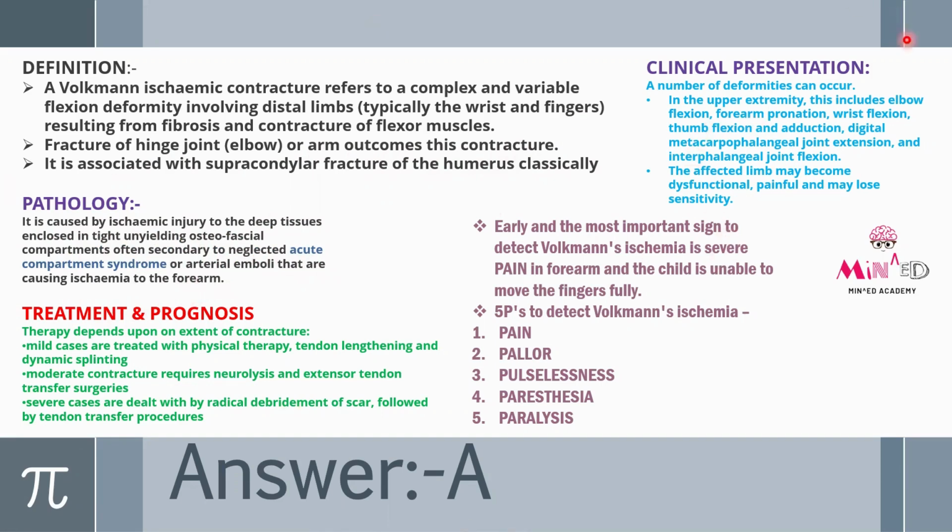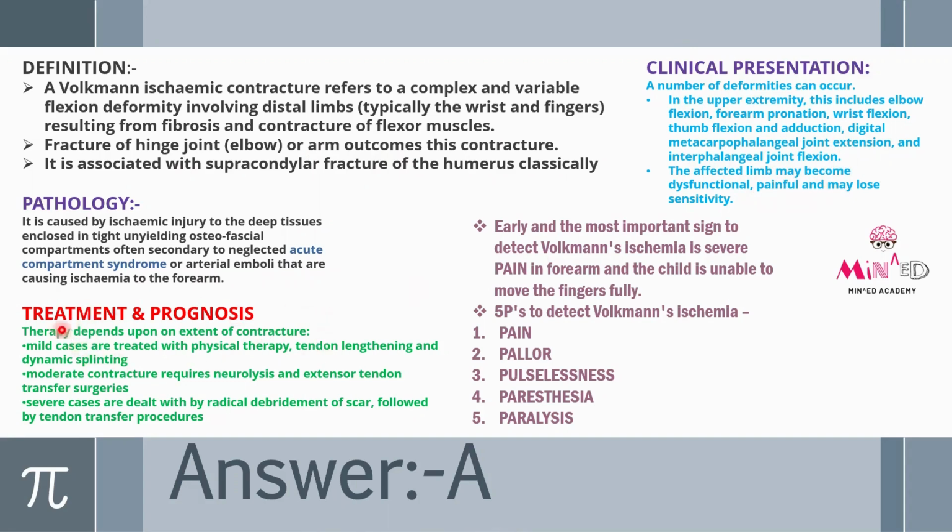Then clinical features: a number of deformities can occur in the upper extremity. This includes elbow flexion, forearm pronation, wrist flexion, thumb flexion and adduction, metacarpophalangeal joint extension, and interphalangeal joint flexion. The affected limb may become dysfunctional, painful, and may lose sensitivity.